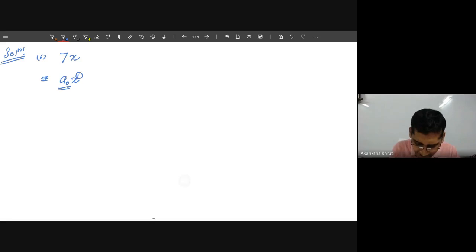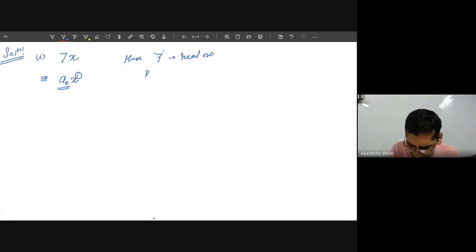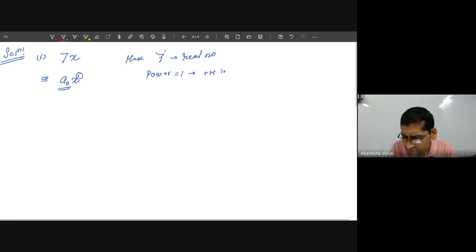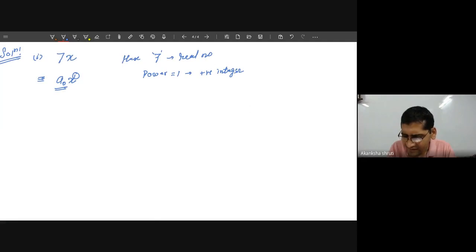So here, what is the coefficient of x? It is 7. 7 is a real number. And what is the power? 1. Power is 1, is it a whole number or not? Yes, it is a positive integer, means it is basically a kind of whole number.